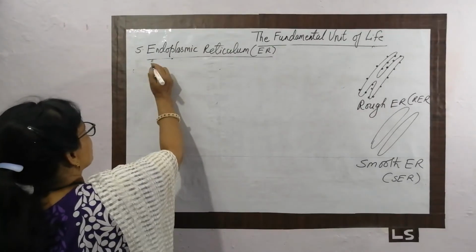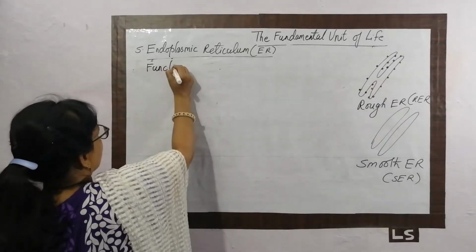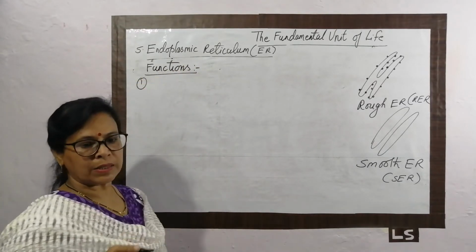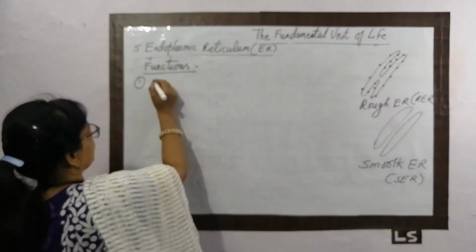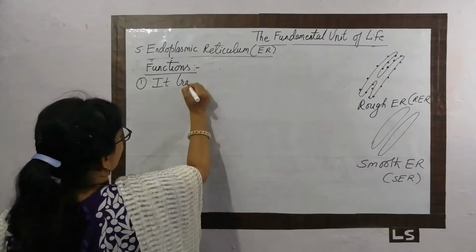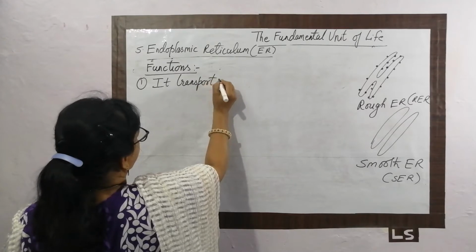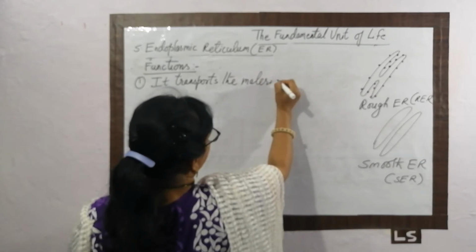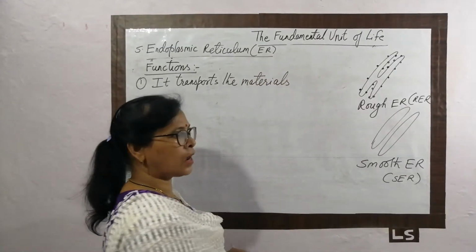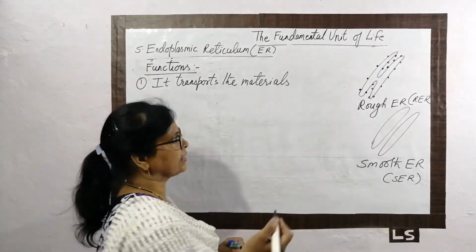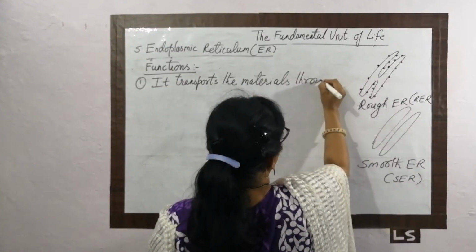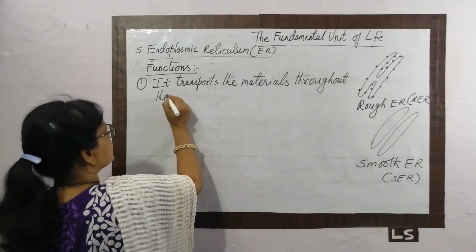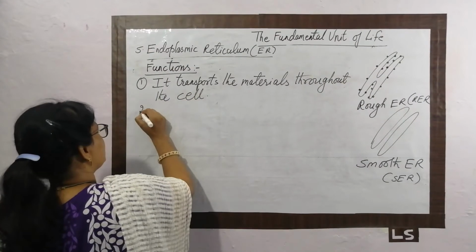So what is the basic function of endoplasmic reticulum? Endoplasmic reticulum transports the materials, the food components, the water, the hormones, different oils, etc., throughout the cell. So this is the first function of endoplasmic reticulum.